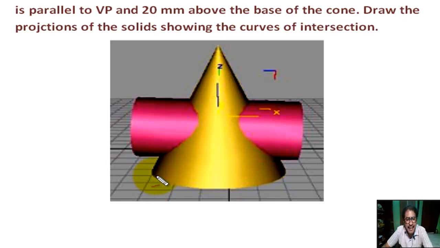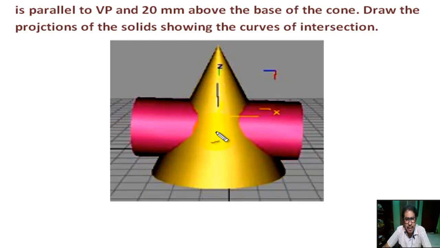It rests with its base on HP. Red color, this is the horizontal cylinder of diameter 30 mm and length 100 mm.